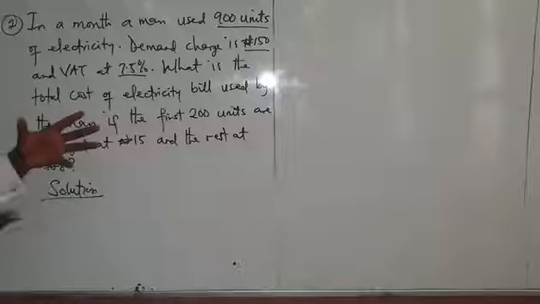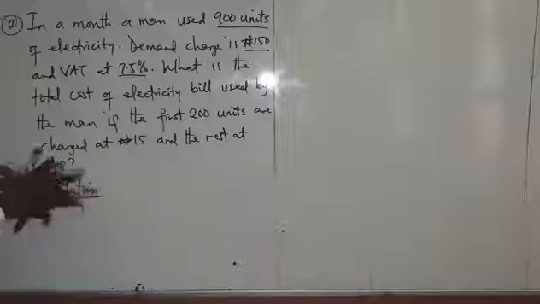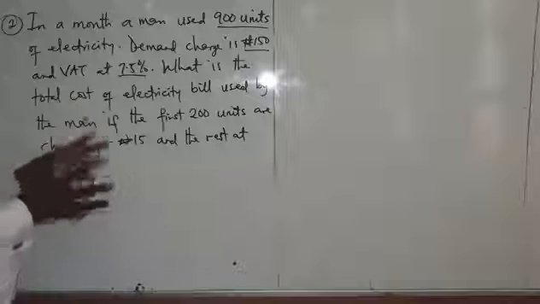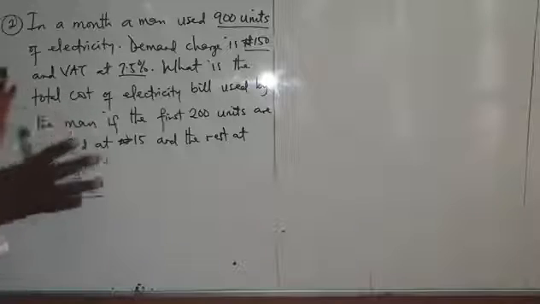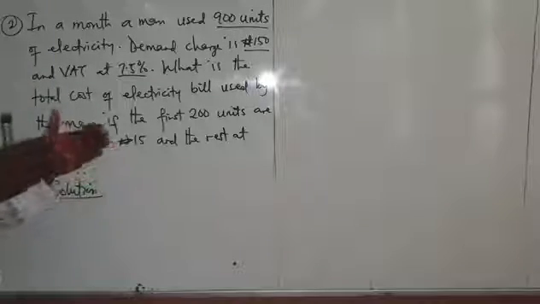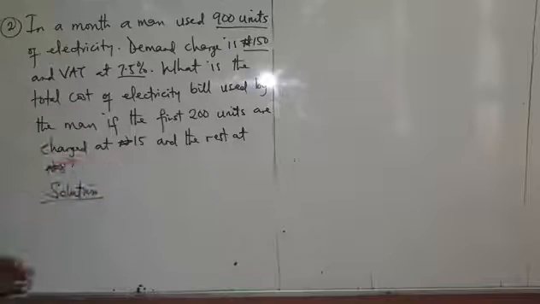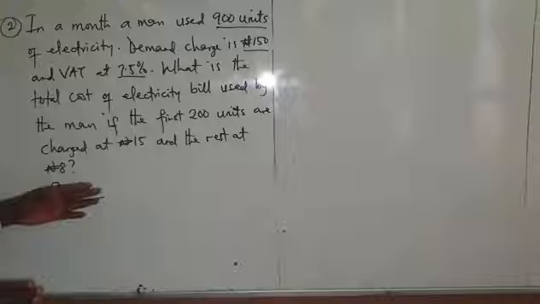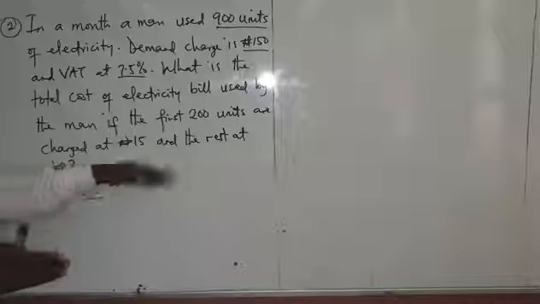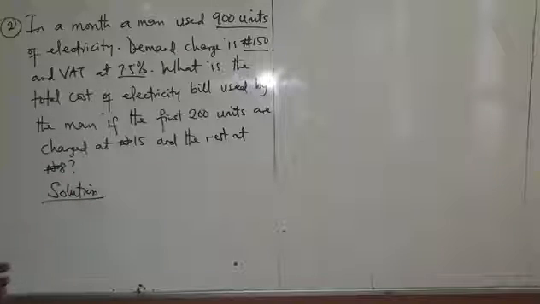There is no particular fixed rate that we pay for all the units; it is grouped. How do we do that?